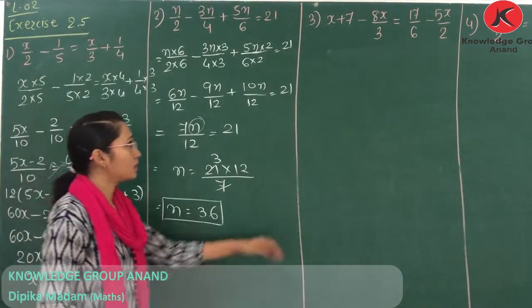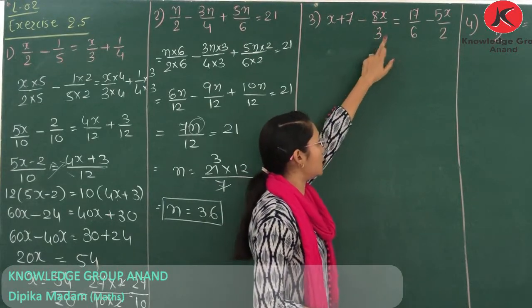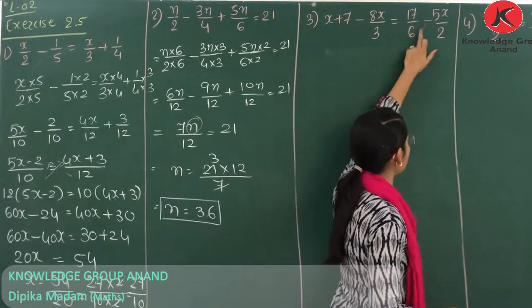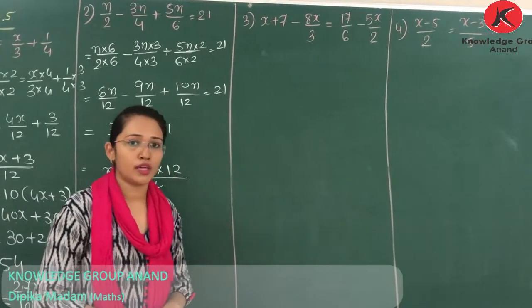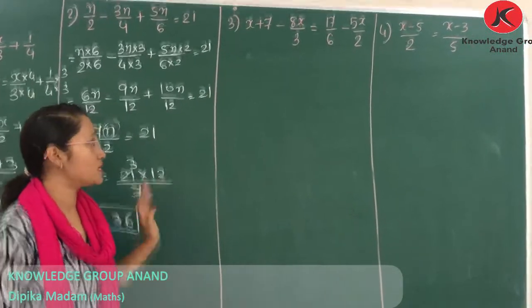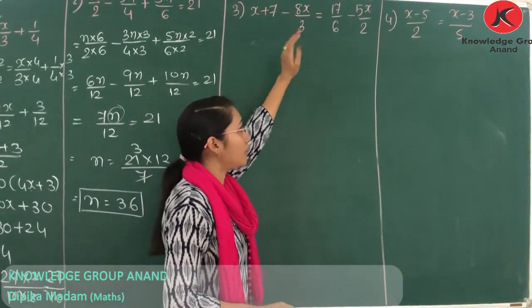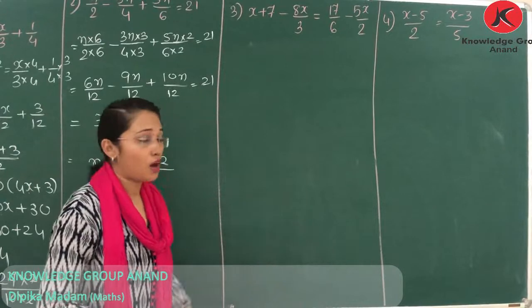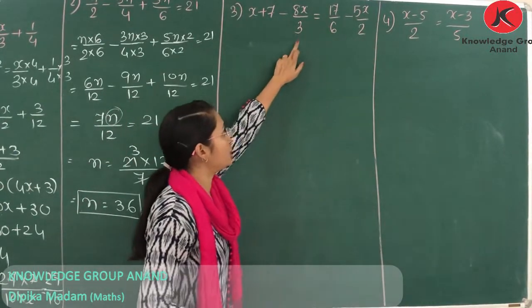Now next. x plus 7 minus 8x by 3 is equal to 17 by 6 minus 5x by 2. Same, make the denominator same on both sides. Left hand side will be 3 and on right hand side denominator is 6. How? Because LCM of 6 and 2 will be 6. LCM of 3 is 3.